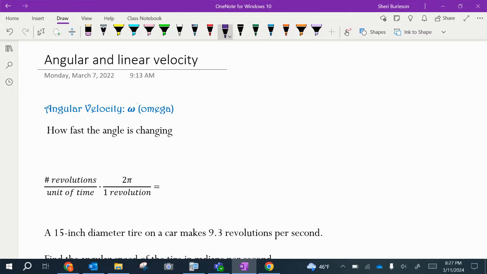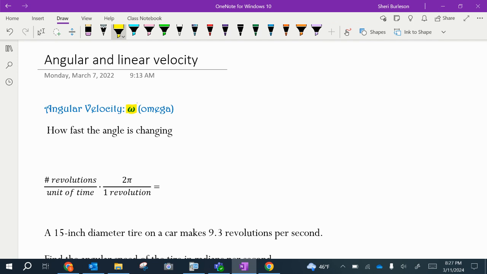Okay, so let's look at angular velocity and linear velocity. The variable that we are going to use to stand for angular velocity is omega, which is an almost italics-looking w.